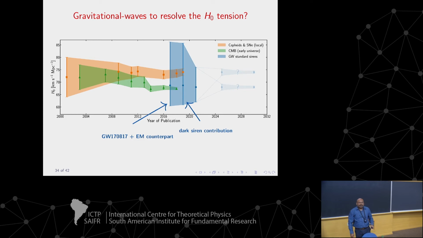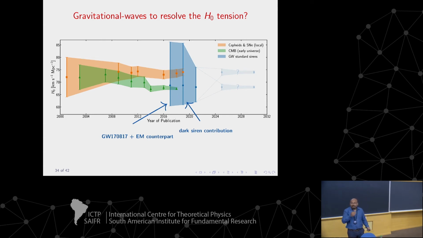I tried to put these results together in a plot like we have seen before, and here we already see the dark siren contribution. Maybe if we have enough detections, we'll be able to resolve the H0 tension with subsequent observations.